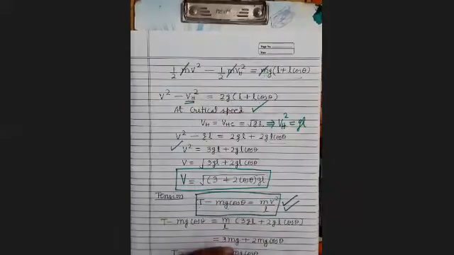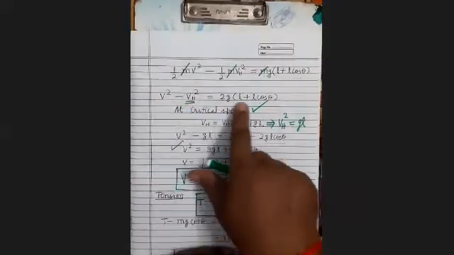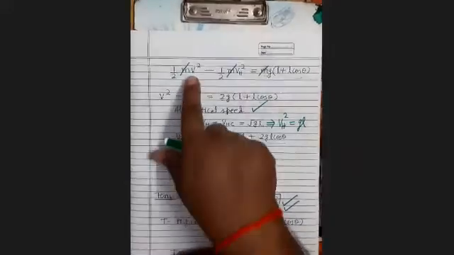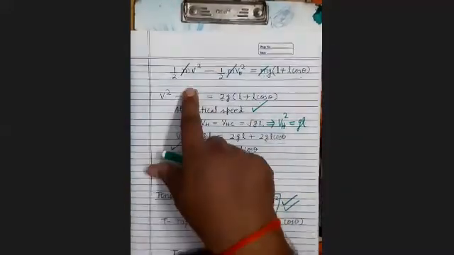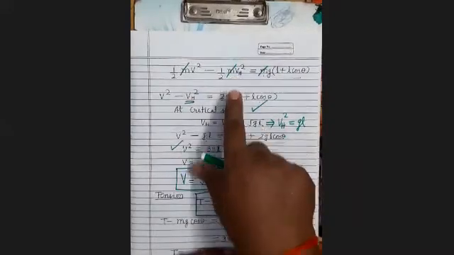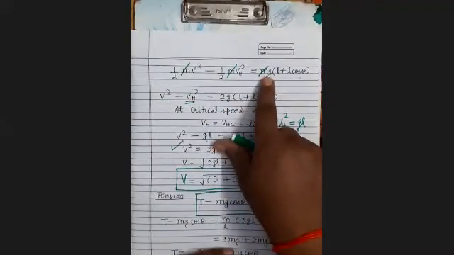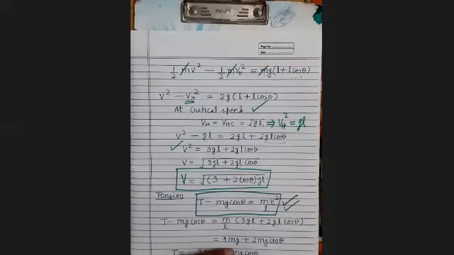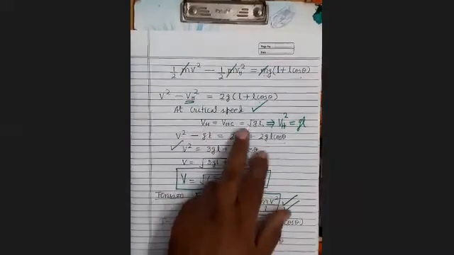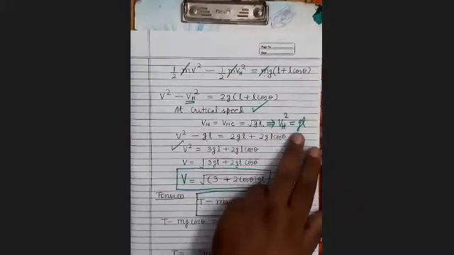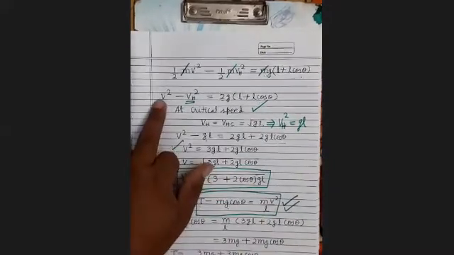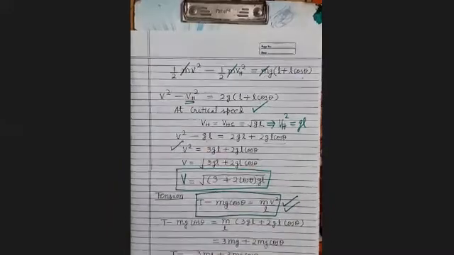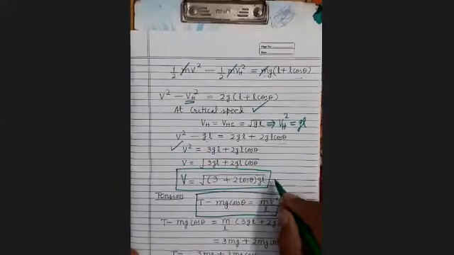On cancelling m and multiplying the whole equation by 2, v square minus vh square equals 2g within bracket this. Now when vh equals root GL, then vh square equals GL. Means at the critical speed, what will be the value of v? You have substituted this and simplified.